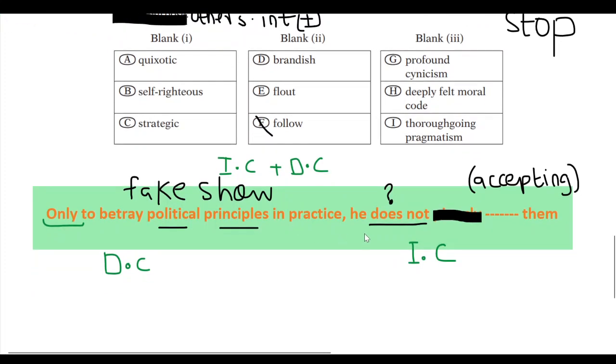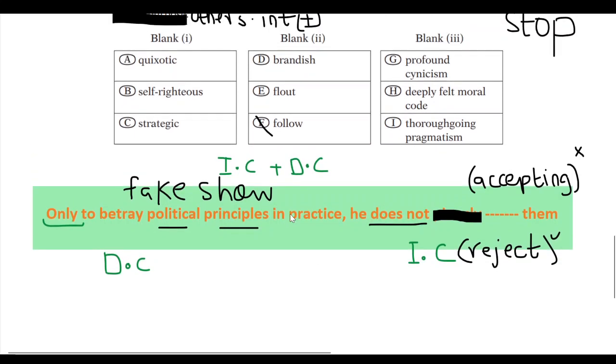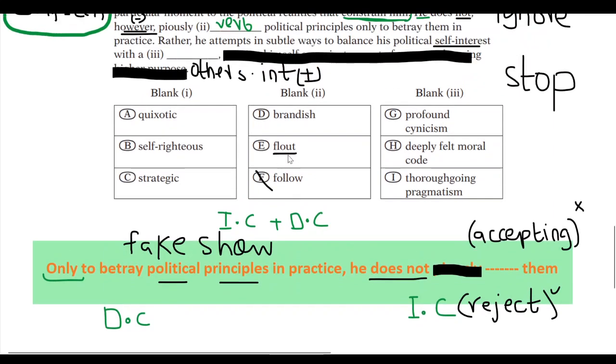So if I want to insert does not in the sentence, what I have to do is probably bring the opposite. I can say he does not reject them. He does not reject them. And this seems to work over here. If I come back to the answer choices, I see flout, which is not exactly reject.